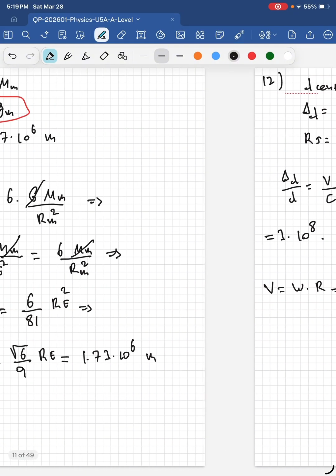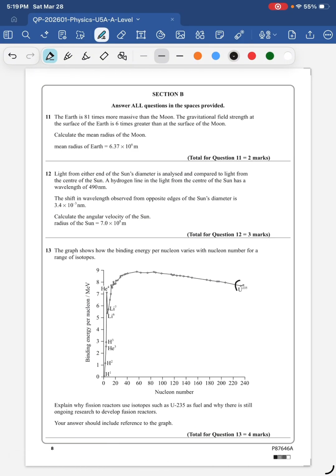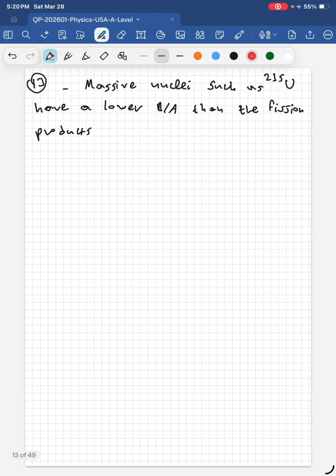And we can see this from the graph. So if uranium-235 breaks into two approximately equal products, they will be up here, around the mass number 120, because 120 times 2 is 240, so close enough. So you see that there is this gap in binding energy per nucleon in favor of the products. Therefore, that's available energy from fission.